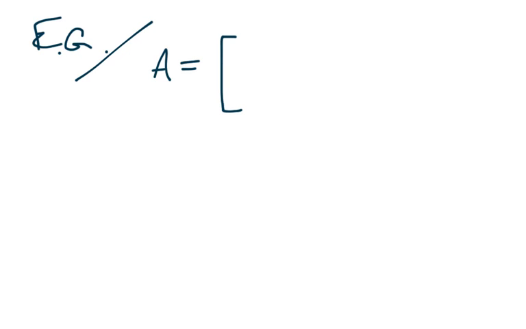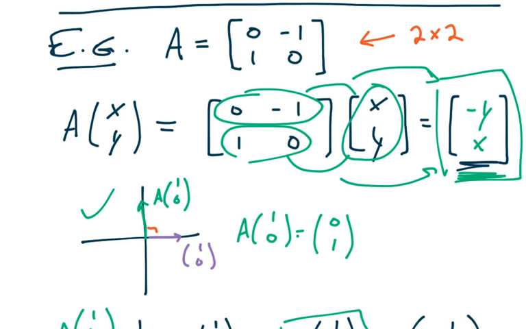Let's take A to be something else. Let's not make it as extreme of an example as the last one. The last one, this matrix here, is what you would refer to as a rotation matrix. It takes every vector and rotates it counterclockwise by 90 degrees.